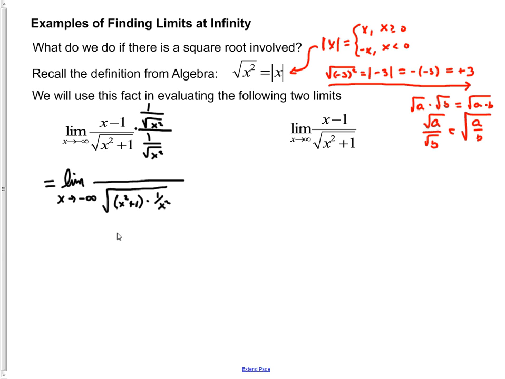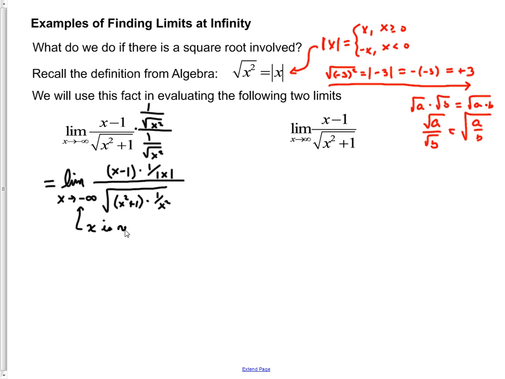Since they're both under the square root, we can multiply it in equally. In the numerator, however, we've got x minus 1 times, from the definition, 1 over the absolute value of x. And that's important because look at where we're going.